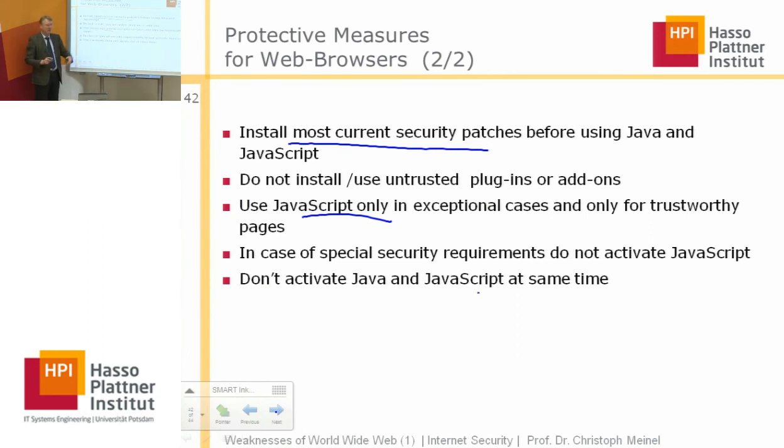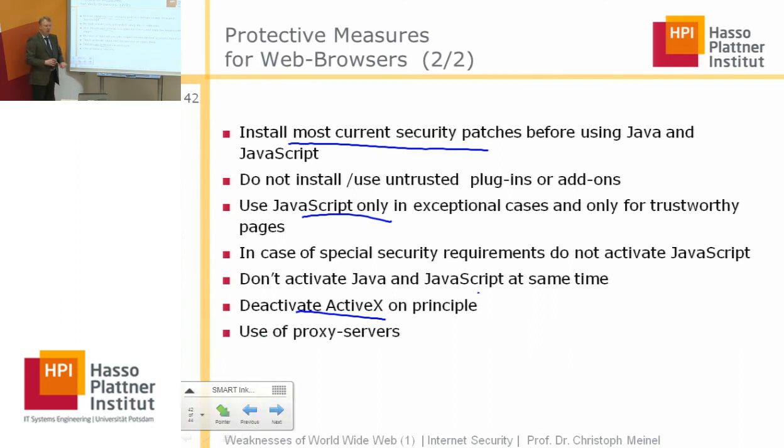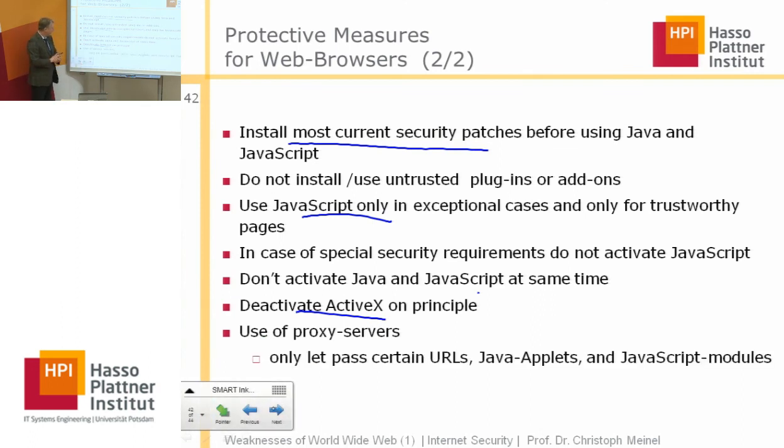When I discussed the attack scenarios, you saw that attacks work either with Java or with JavaScript, but never with both at the same time. Deactivate ActiveX on principle. Use a proxy server and only let pass URLs, Java applets, and JavaScript modules that have been checked before.